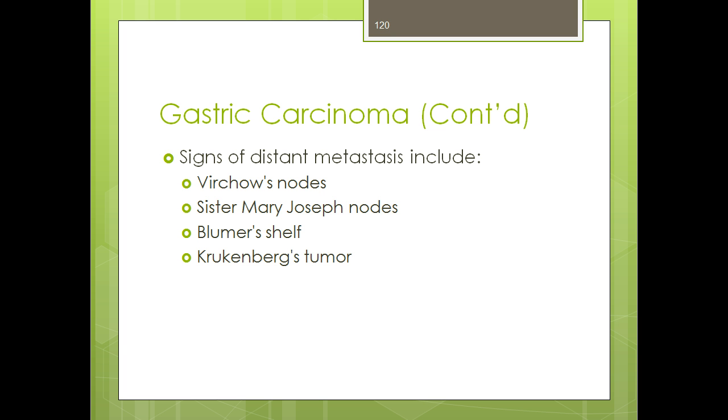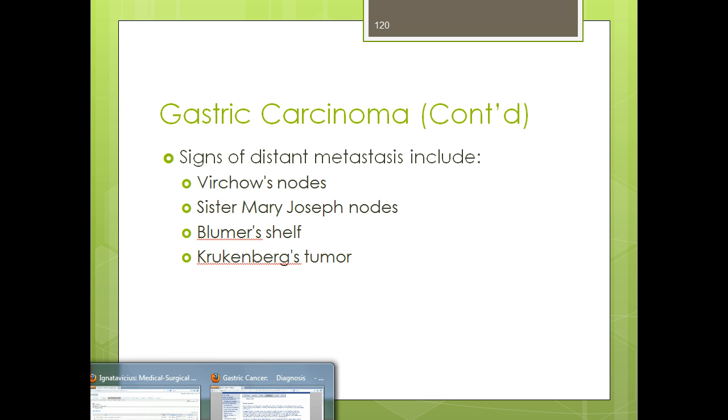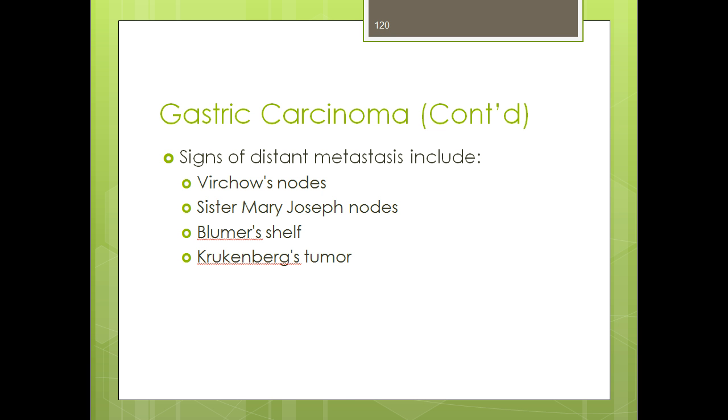They have signs of distant metastasis, which may include Virchow's nodes, Sister Mary Joseph nodes, Blumer's shelf, and Krukenberg's tumor. I'm going to discuss these and tell you what they are.